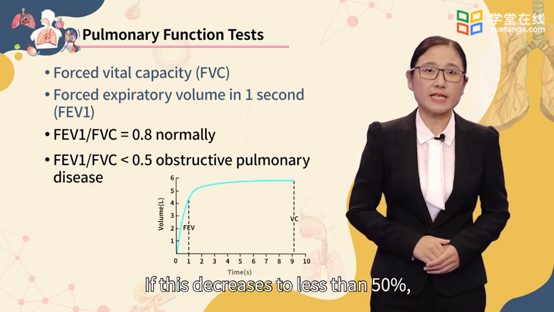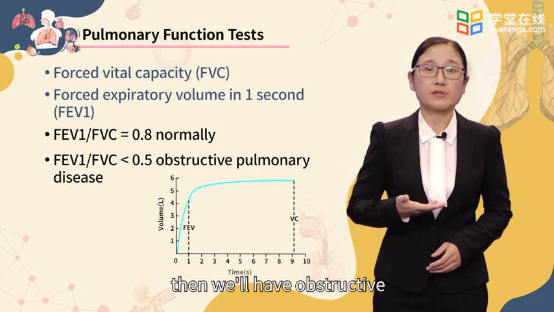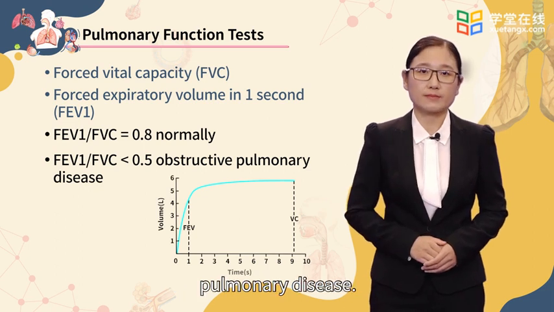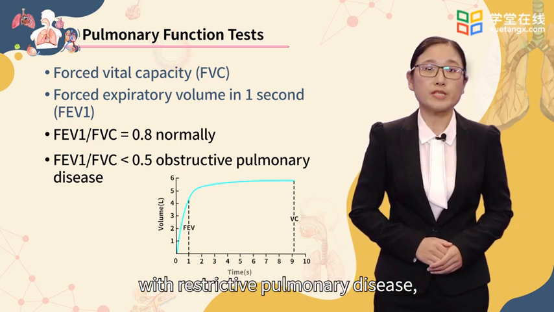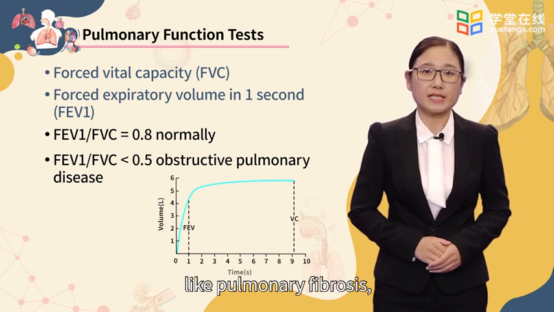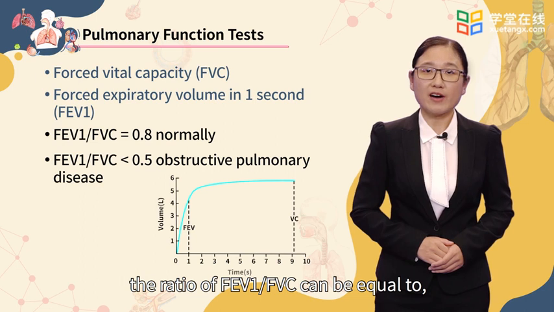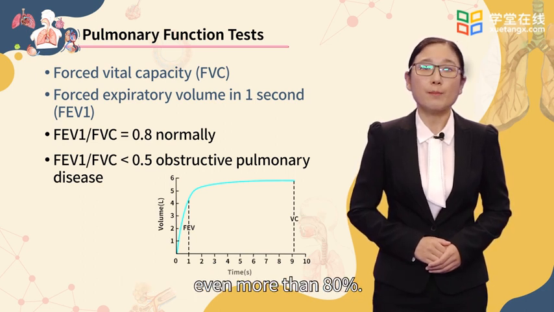If this decreases to less than 50%, then we will have obstructive pulmonary disease. However, although FVC is also decreased in patients with restrictive pulmonary disease, like pulmonary fibrosis, the ratio of FEV1 over FVC can be equal to even more than 80%.